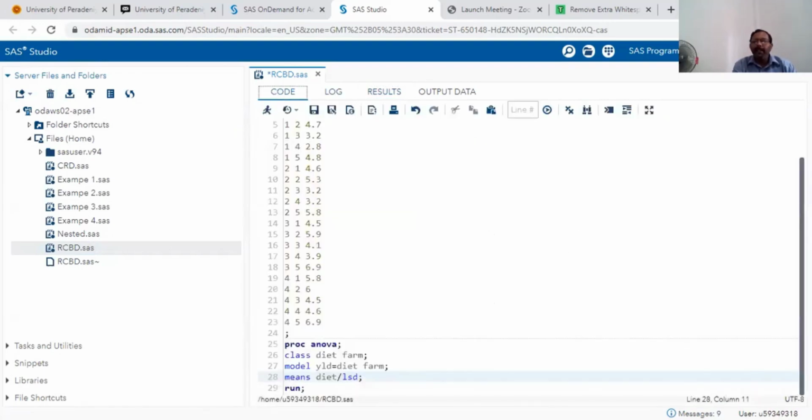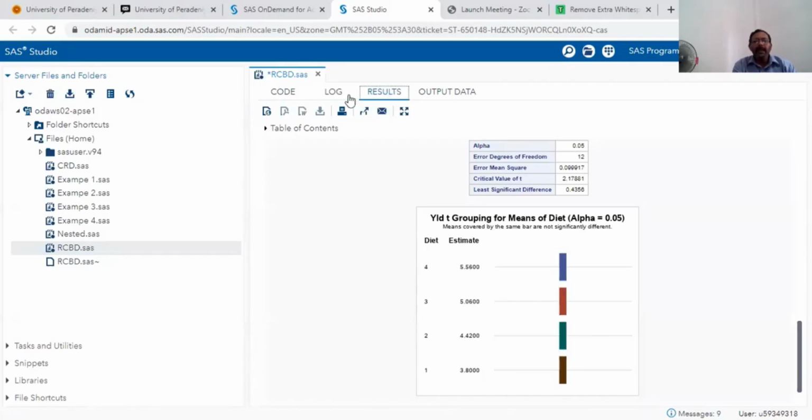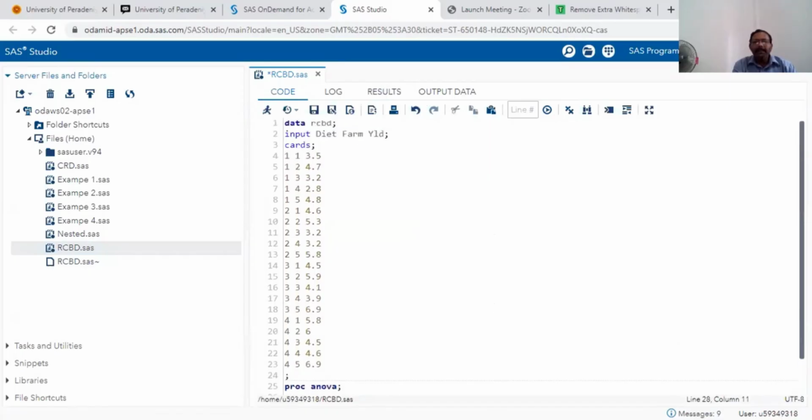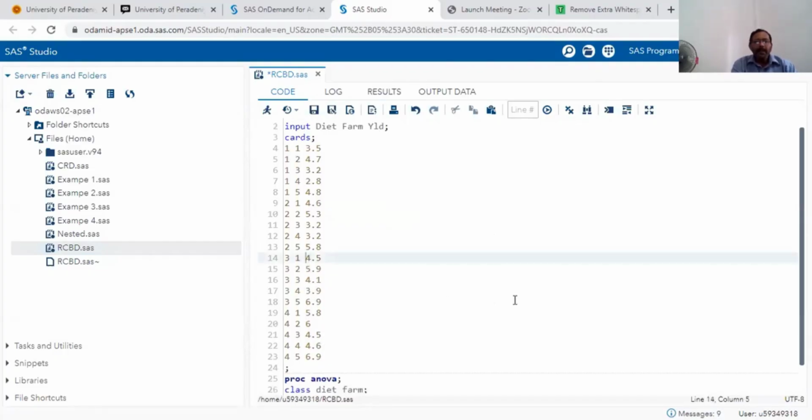I'm going to change some values, 3 and 4. I'm going to change my data, increasing these values. Don't worry about that. For example, this value is 4.3.